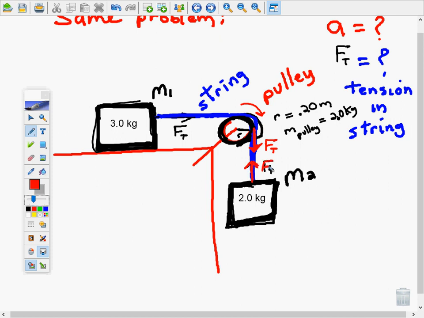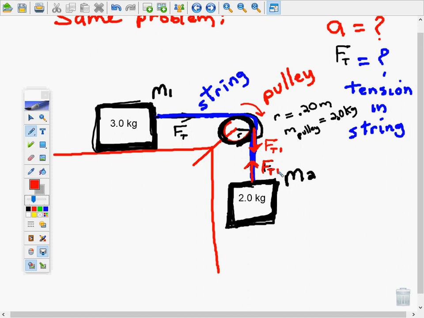So there's your tension force there going up. But now there's going to be two tension forces. So we're going to have to call this FT1. So the vertical part of the string has a greater tension than the horizontal part of the string.